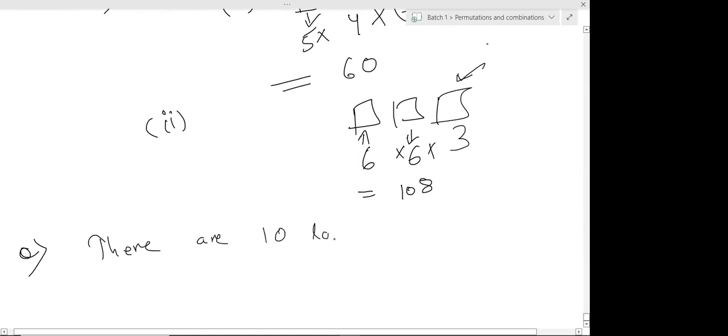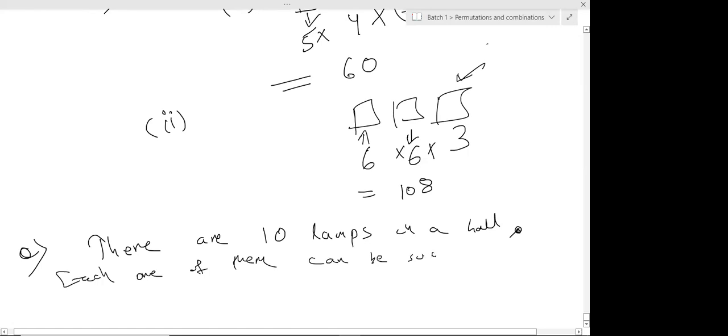There are 10 lamps in a hall. Each one of them can be switched on independently.